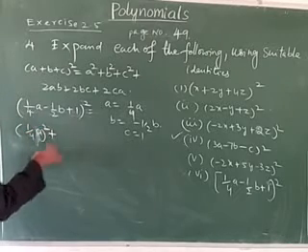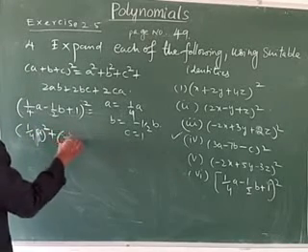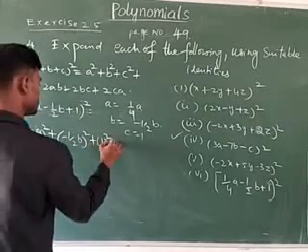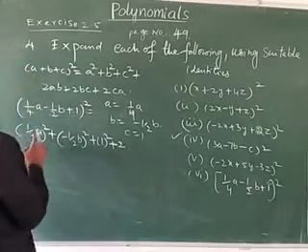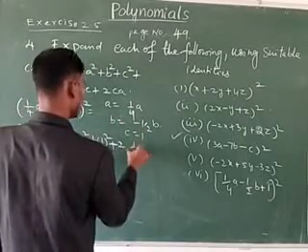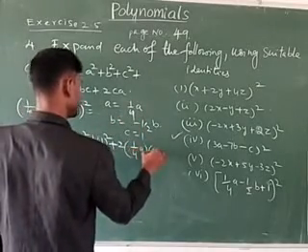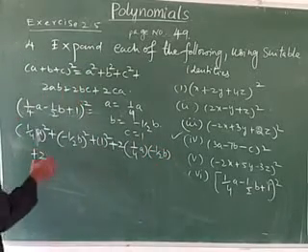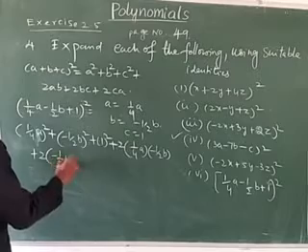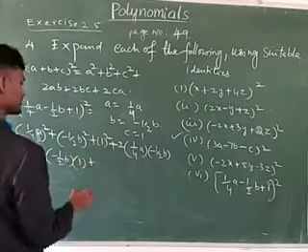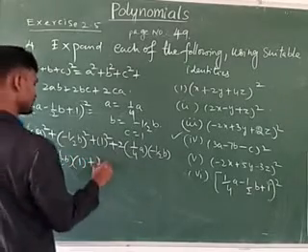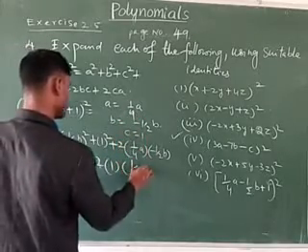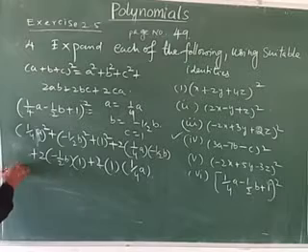a whole square plus minus 1 by 2b whole square plus 1 square plus 2ab, 2 into a is equal to 1 by 4a, into b is equal to minus 1 by 2b, plus 2bc, minus 1 by 2b into c is equal to 1, plus 2ca, 2 into c is equal to 1, a is equal to 1 by 4a. Now simplify this one.